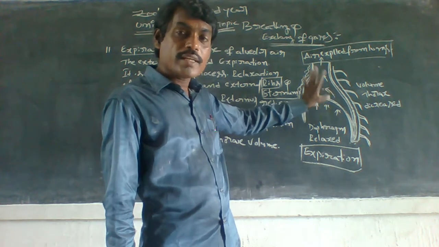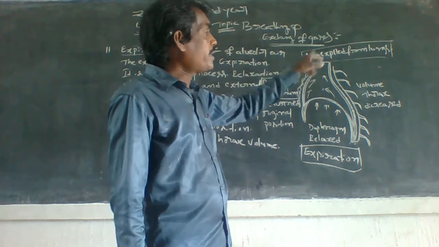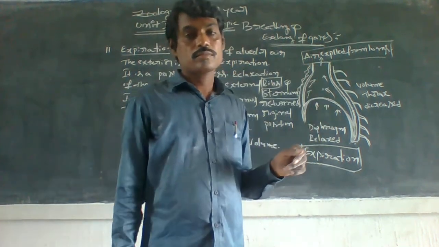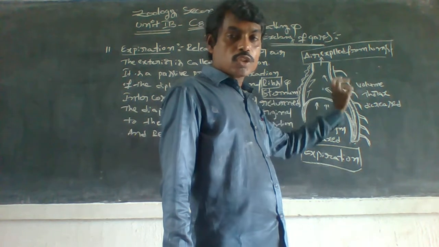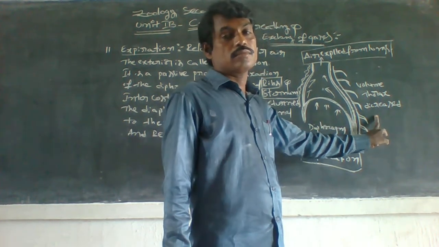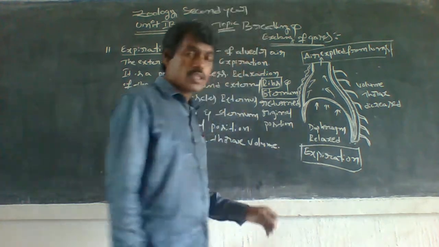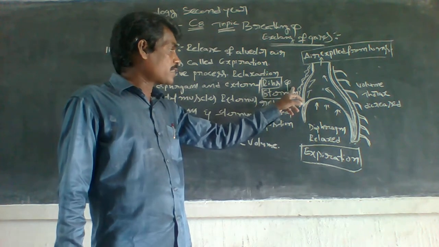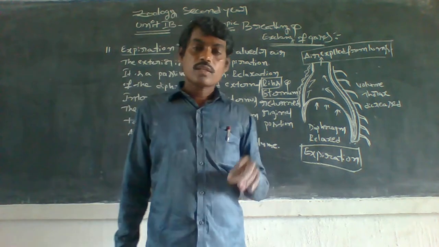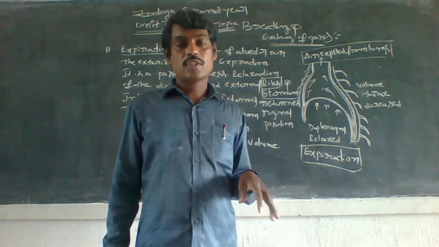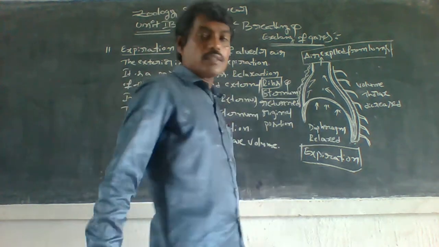We see only the diagrammatic view. Anterior region: air expelled from lungs. On this lateral side, the thorax volume is decreased, and the ribs and sternum return to their original position.